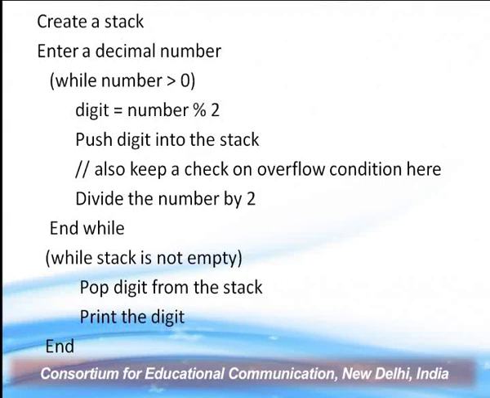Also be very careful to check the overflow condition if you are implementing the stack statically. If you are implementing it dynamically, there is no need to check overflow in normal scenarios. Then we divide the number by 2, and keep on doing this while the number is greater than 0.